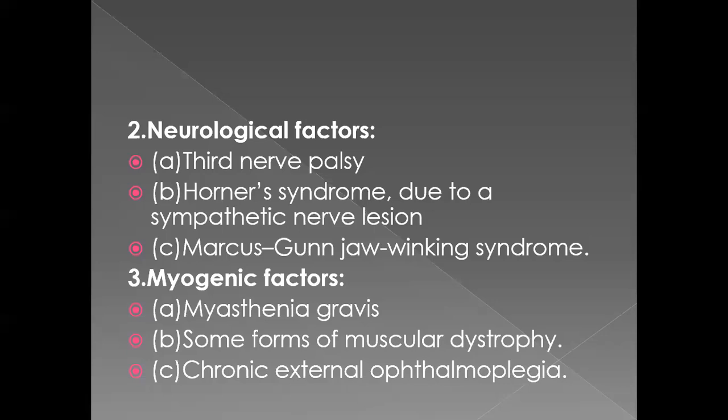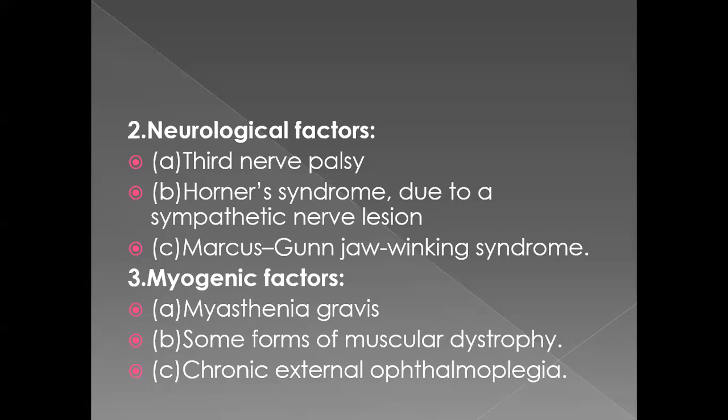And you all know from pathology that myasthenia gravis is a condition where there is a problem in the relay at the neuromuscular junction. There is a problem in acetylcholine receptors, and then the acetylcholine doesn't connect with them, and the message doesn't go from the nerve to the muscle. So that will lead to myasthenia gravis. This is not purely a myogenic factor. This is a neuromyogenic factor.